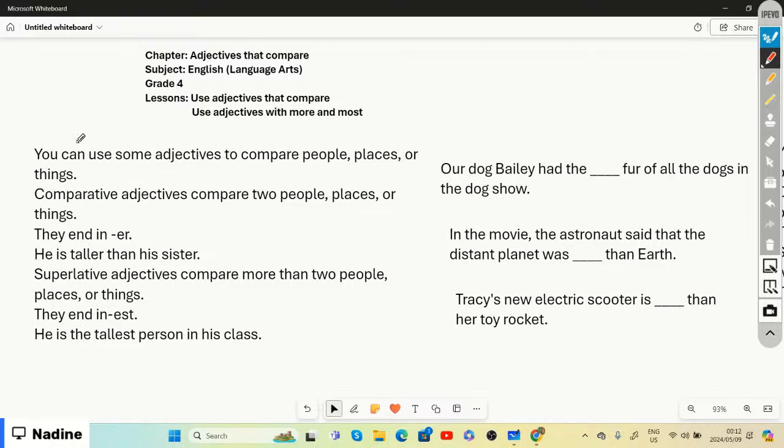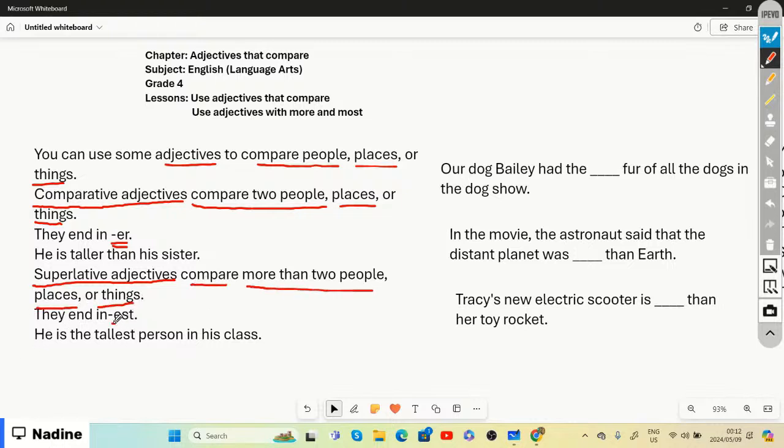So once again, we can use some adjectives to compare people, places, or things, and we have comparative adjectives and superlative adjectives. We said comparative adjectives compare two people, places, or things, and they end in er. And our superlative adjectives compare more than two people, places, or things, and they end in e-s-t.